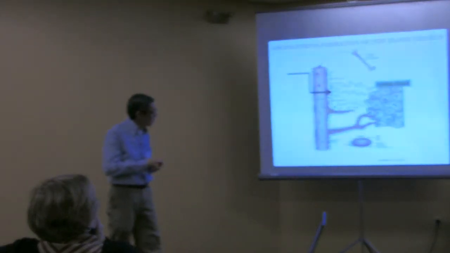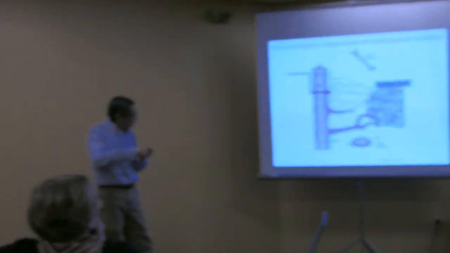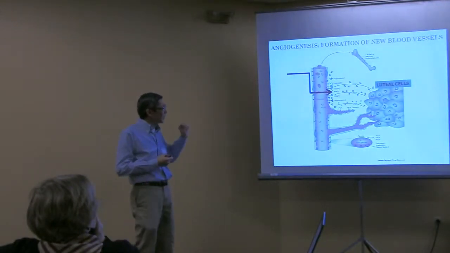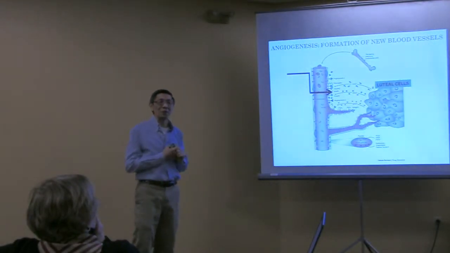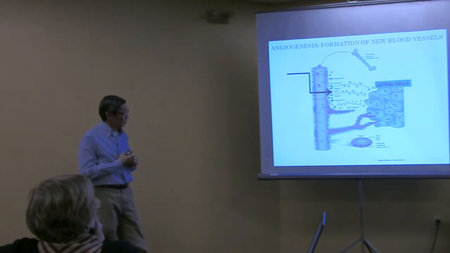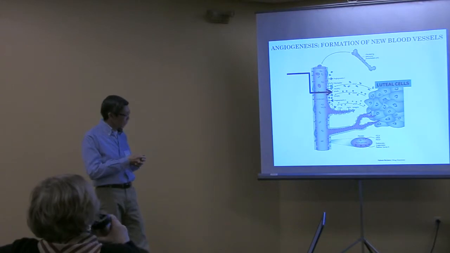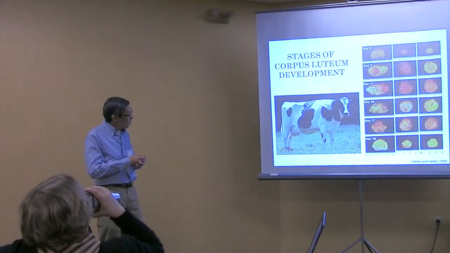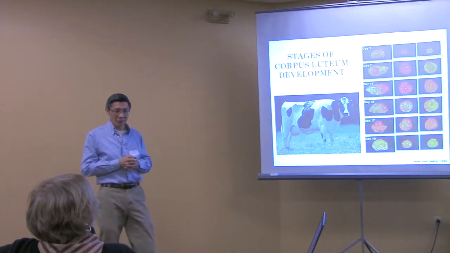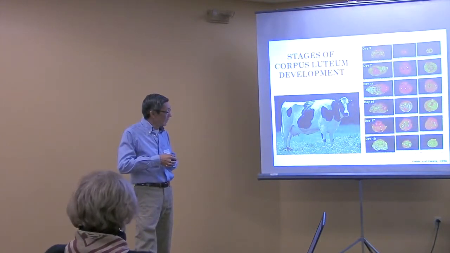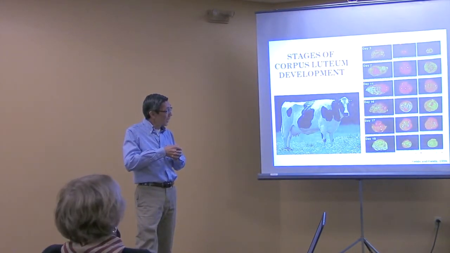And so we asked this question: are these enzymes, what I call the remodelers of our system, there to clear space for new blood vessels to be formed, and do luteal cells actually produce them? So the cow is a great model to study this, because not only can we get enough tissue, but we can actually look at development.